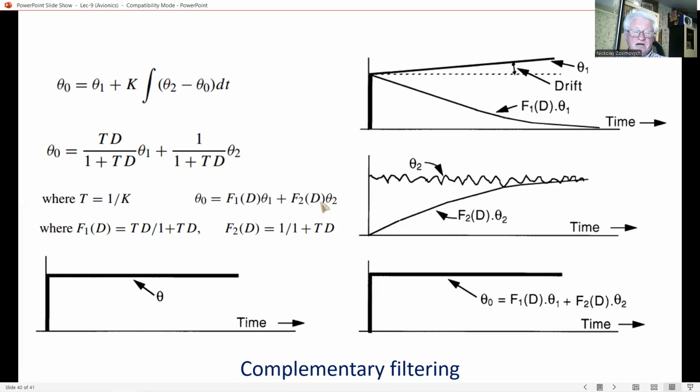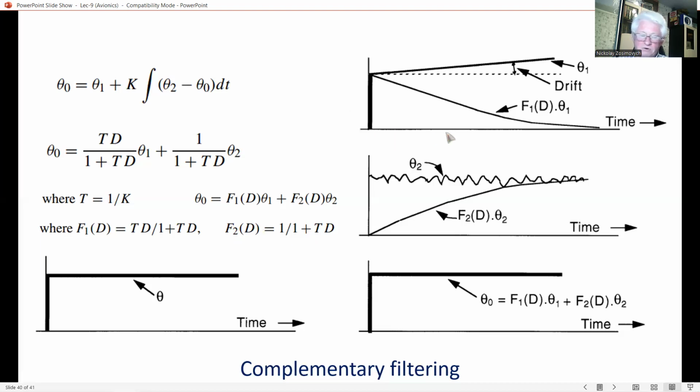Here F1(D) is Td over 1 plus Td, which is the transfer function of a first-order high-pass filter or washout filter. And F2(D), which is 1 over 1 plus Td, is the transfer function of a first-order low-pass filter.